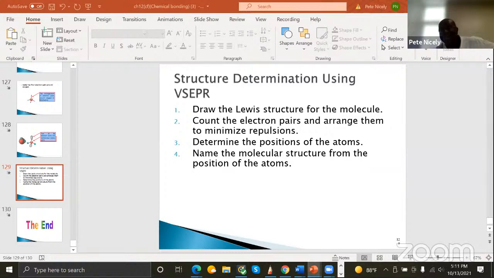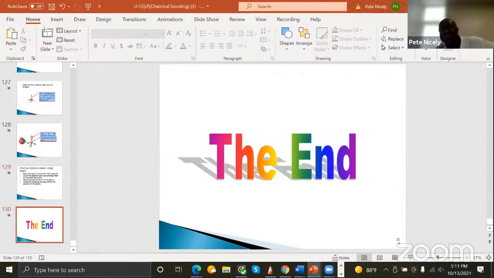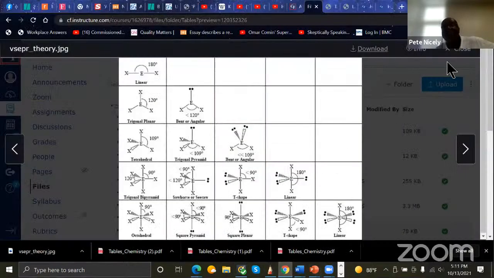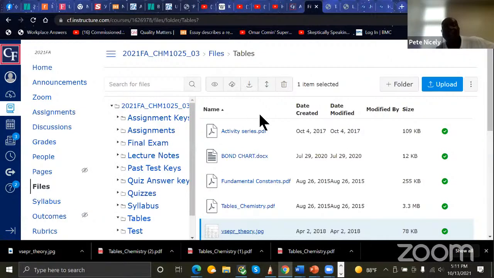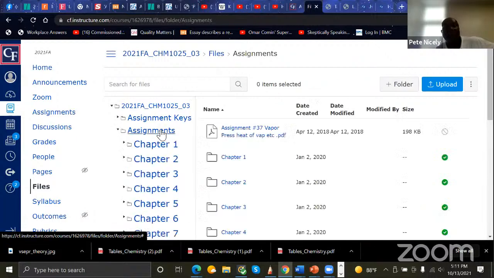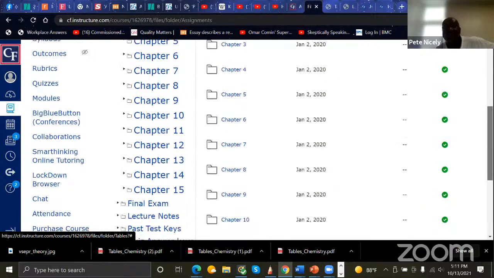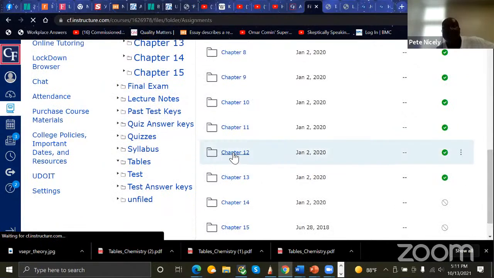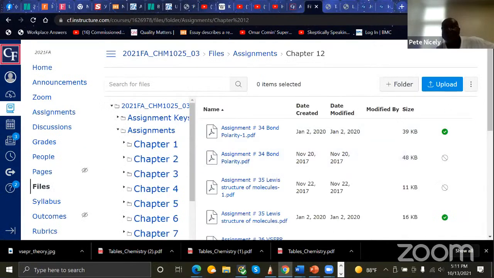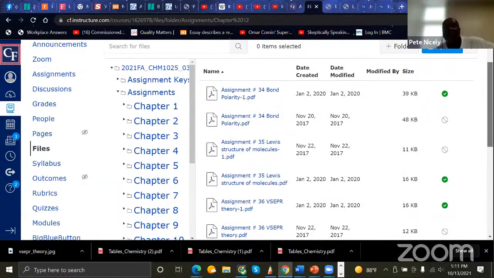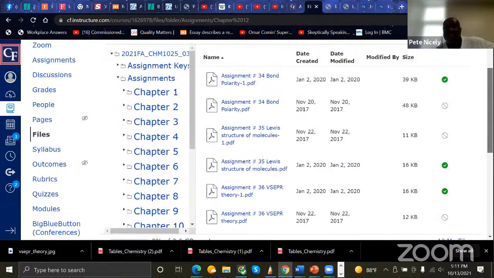Okay, so that represents the end of chapter 12. That means, going back to the Canvas page, as far as assignments go, you should be able to do assignment 34, 35, and 36.